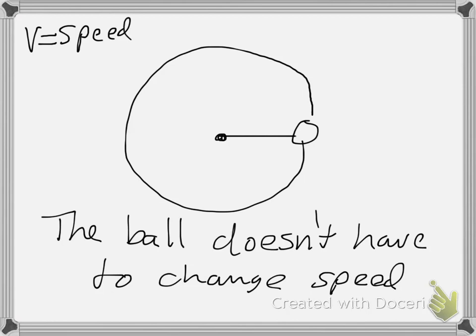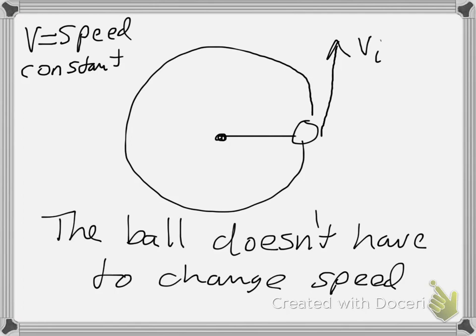But let's assume that in this case it's constant, so the actual speed of the ball isn't changing. Now, what direction is the ball pointing? Well, if it's at this point on the circle, then the velocity is going to be tangent to the circle. In other words, it's going to point straight up, like this. We'll designate that as V initial.